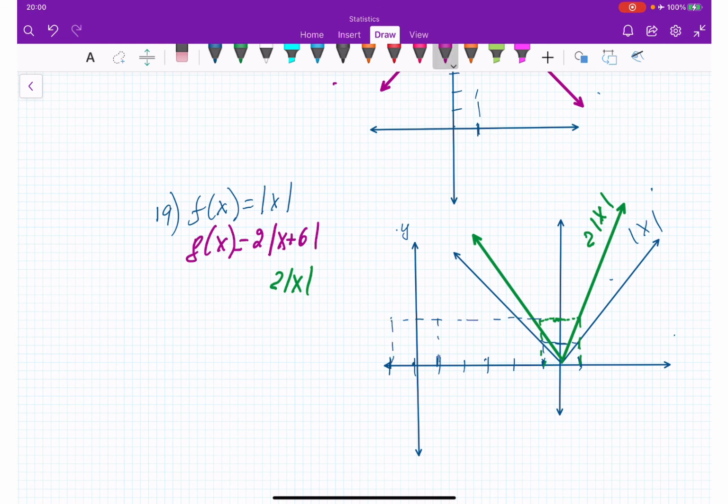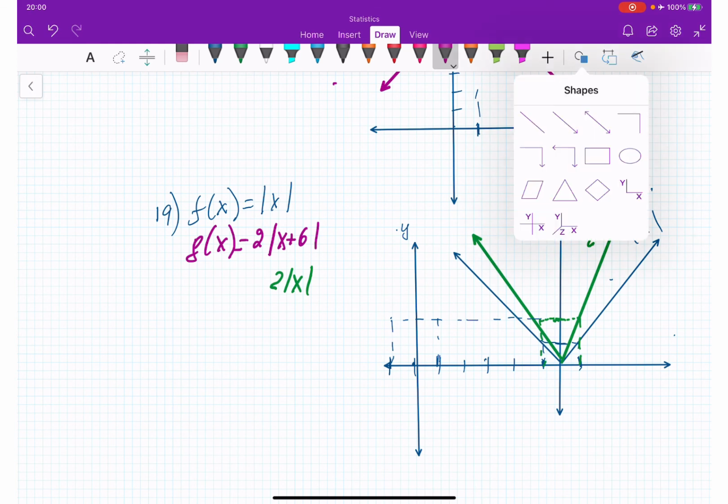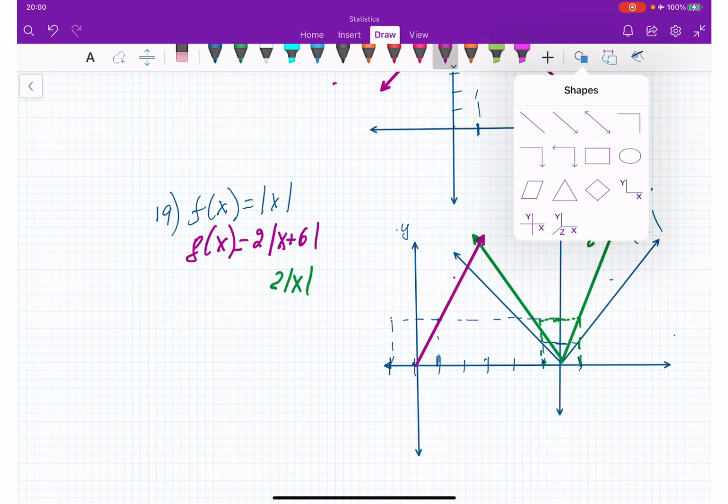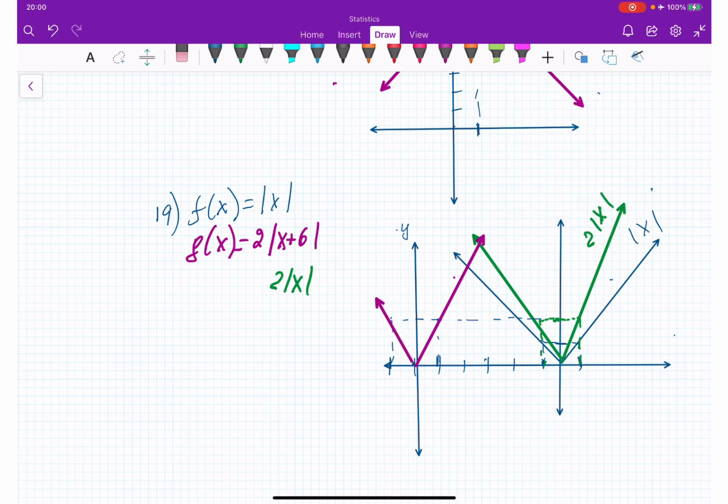Which means the graph is going to go like this. Like this. And this is my twice absolute value x plus 6.